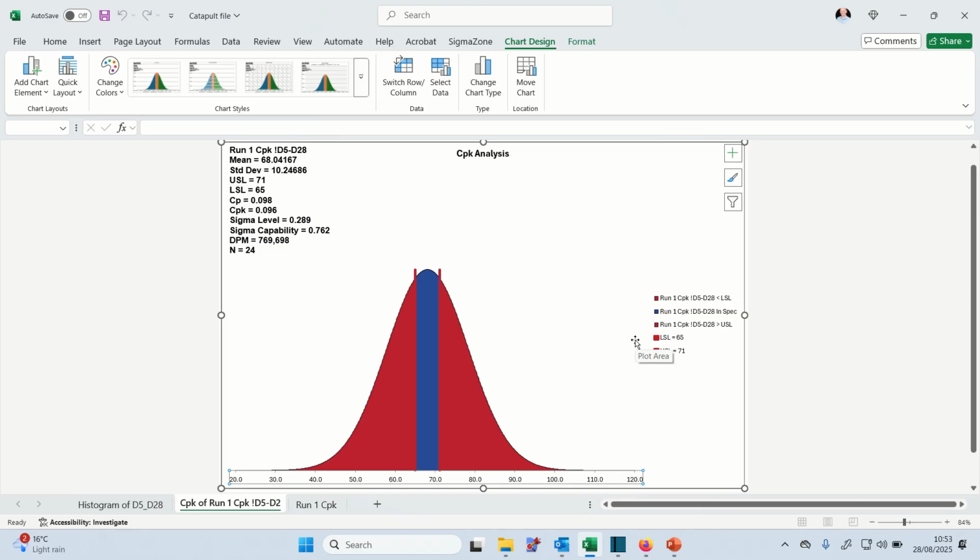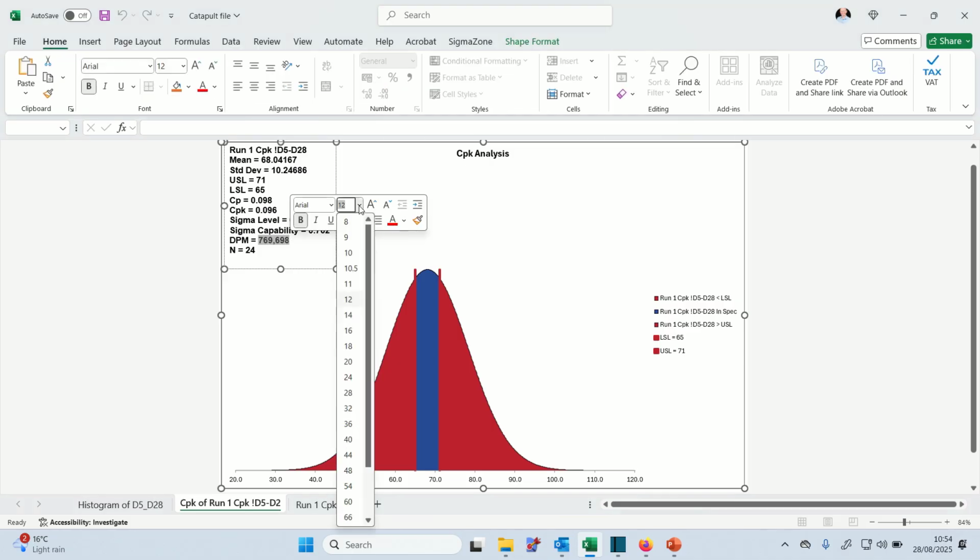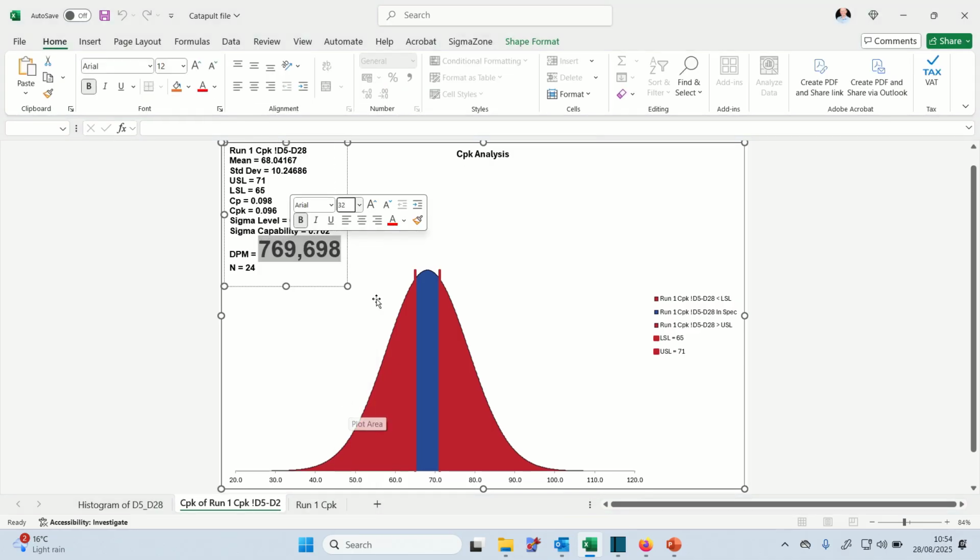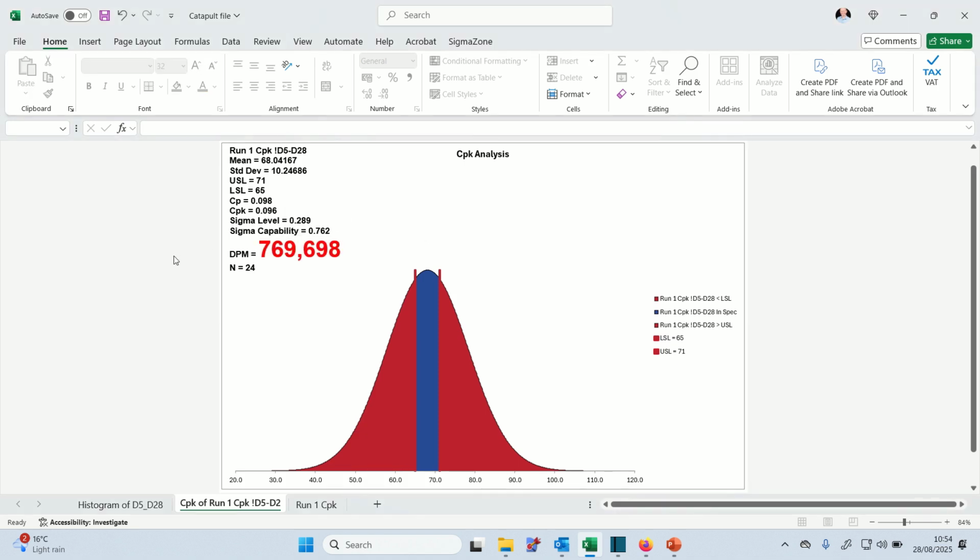All they can do is set it on center, take their hands off, drink tea and read the paper, and then they would get that minimum defect rate that you can see there, which is basically 769,000 defects per million, 77%. Okay, so I've got a defect rate of 77%, far too much variability. That's the physics of the problem.